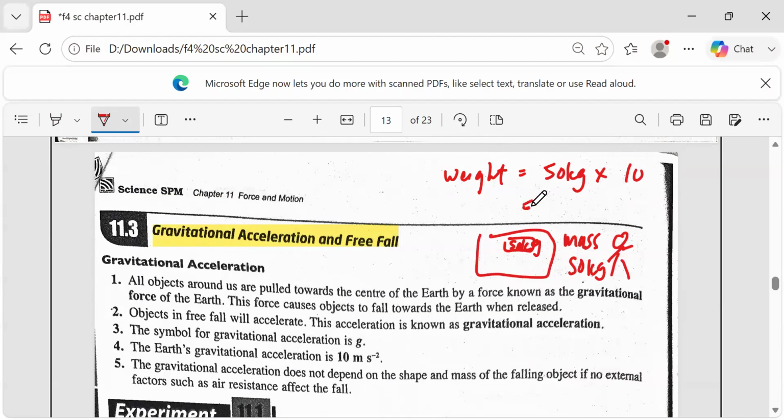So if you are 50 kg, you are actually 500 Newton. Anybody on Earth has the same gravitational acceleration, which is 10 meter per second per second. Okay, but if you are on the moon, is your gravitational pull more or less? Less. So then your weight will be different, but your mass will be the same. Okay, can I understand?